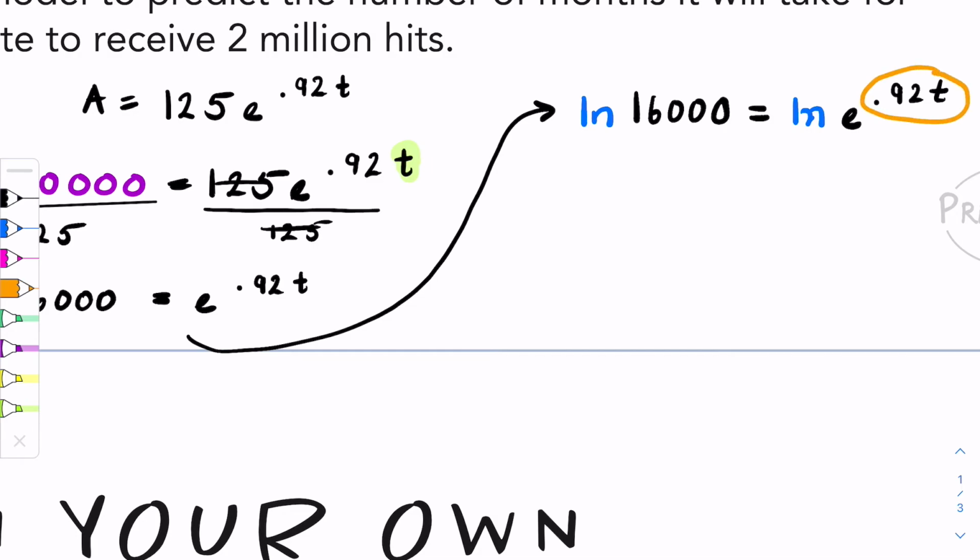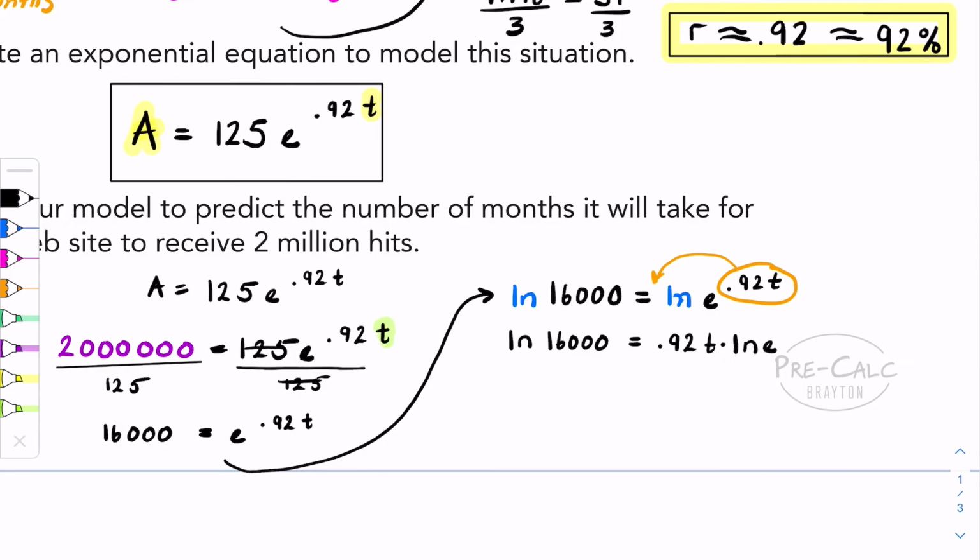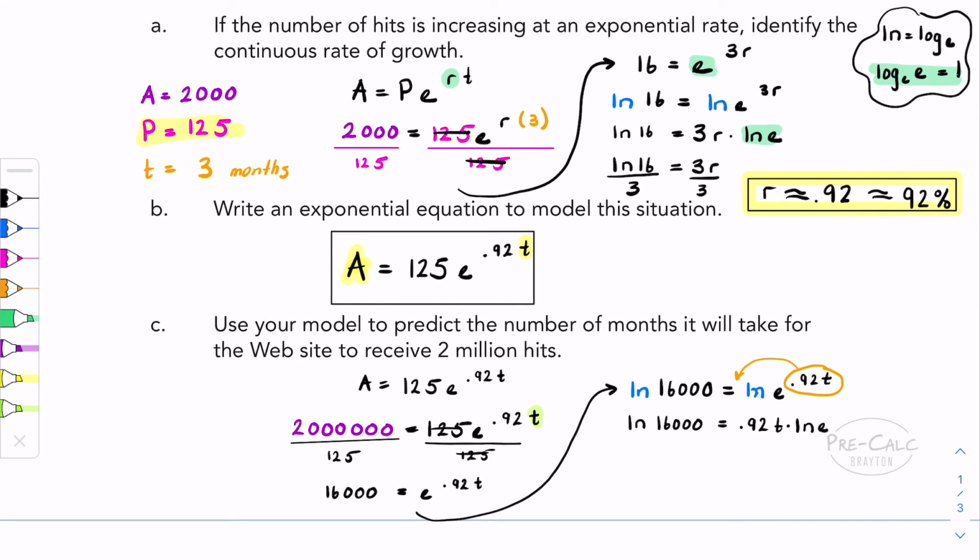Property of logarithm tells us that if we have an exponent, we can rewrite it in front as a coefficient or a multiplier. So ln of 16,000 is equal to 0.92 times t times ln of e. And just like we reviewed above, ln of e is the same thing as log base e of e.